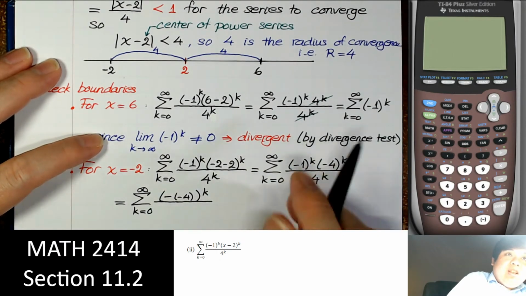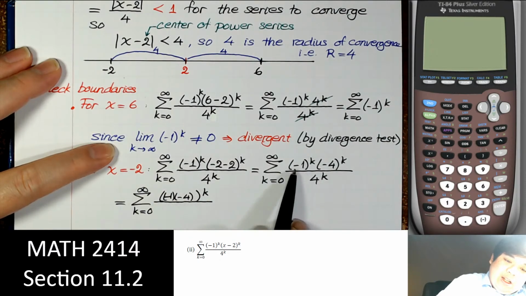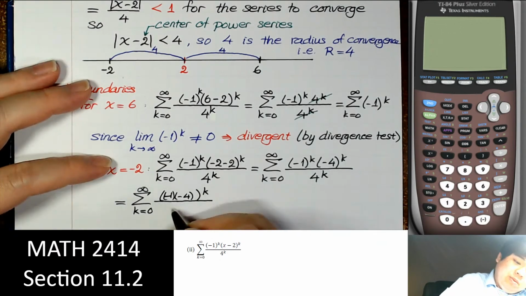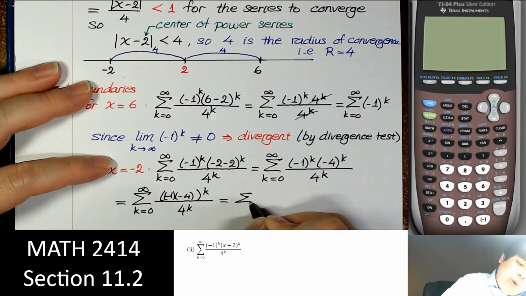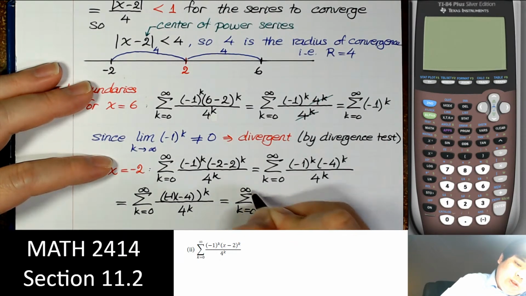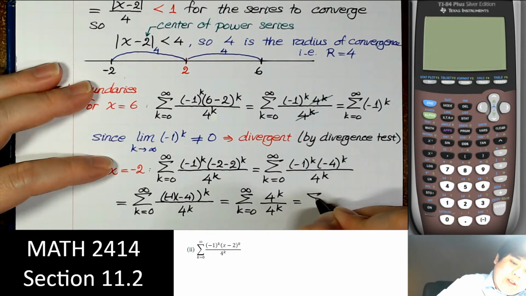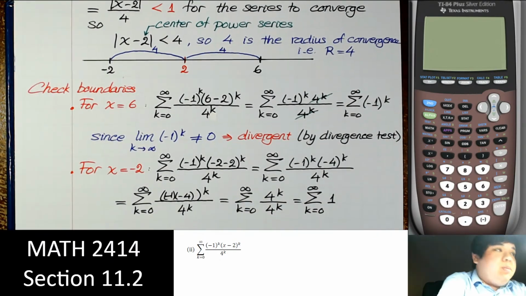I just combine this, -1 times -4, both of them brought inside the k power. -1 times -4 is just 4, which cancels out. Just have 1.